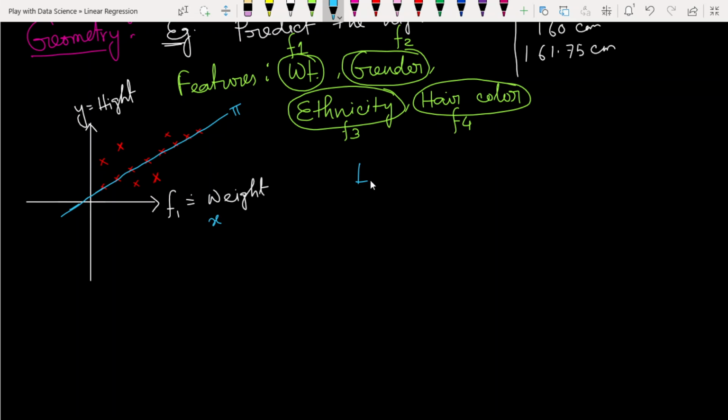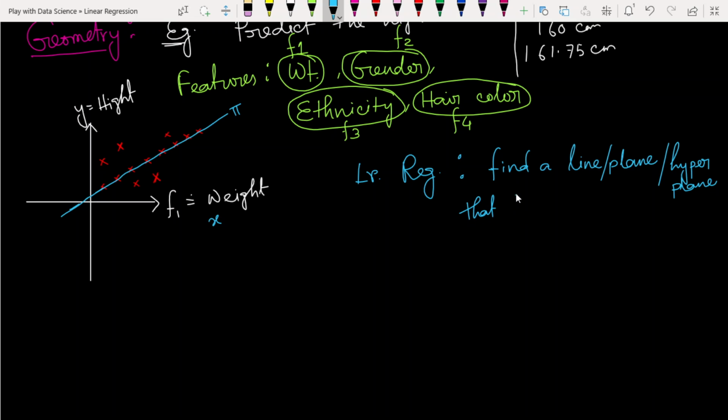So in short, the main objective of linear regression, which we call LR, is to find a line, plane or hyperplane that fits the given data.